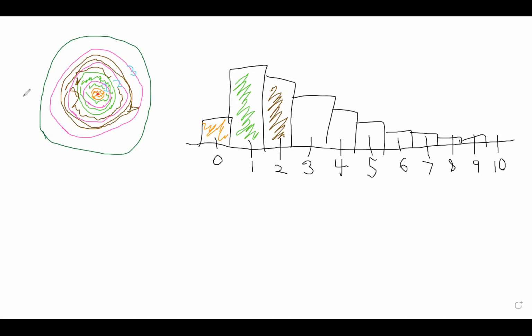So that's A, rounding to the nearest inch. Okay, so we round to the nearest inch there. Okay. For B, let's say we round to the nearest half inch.